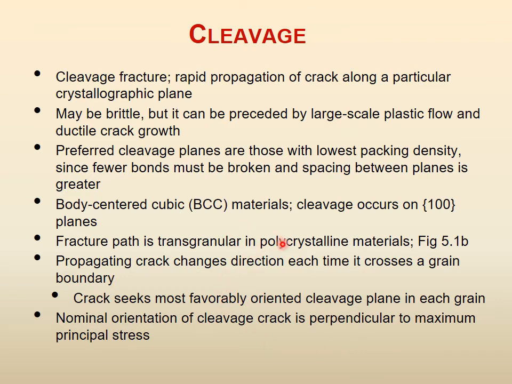So locally the direction changes in each grain, but the nominal, overall, global cleavage crack is perpendicular to the maximum principal stress. So this is still the same, that the actual fracture will grow in a direction perpendicular to the global stress applied.